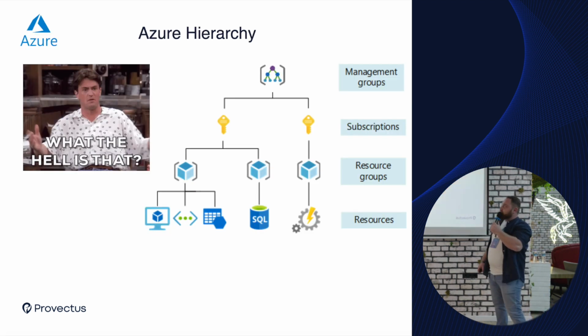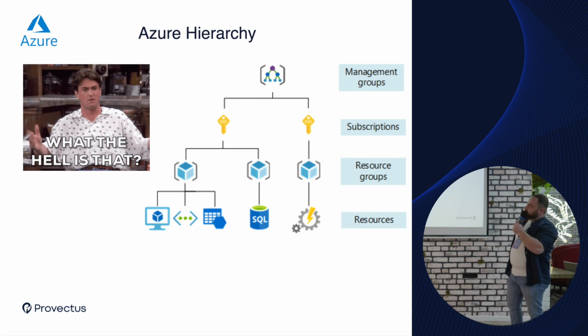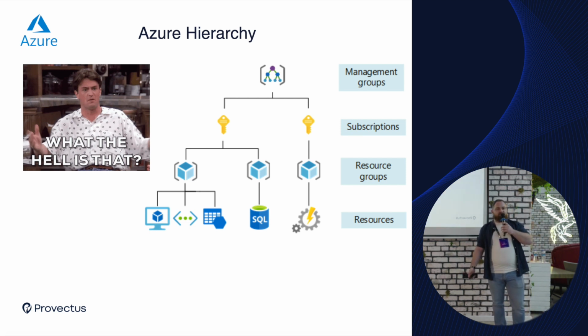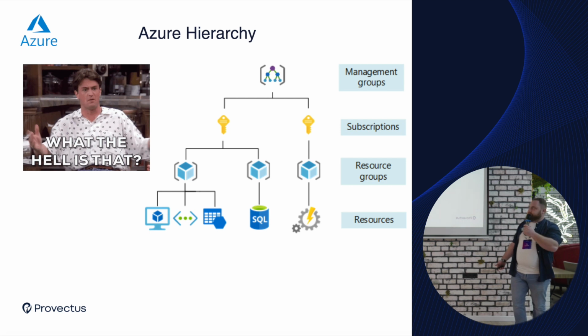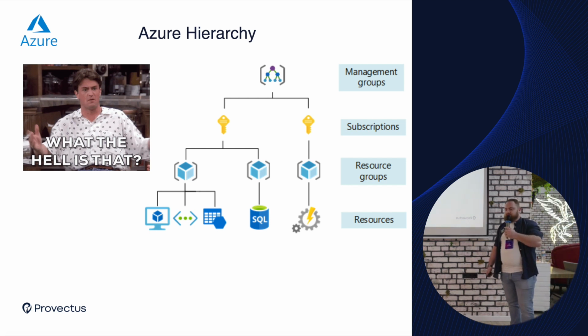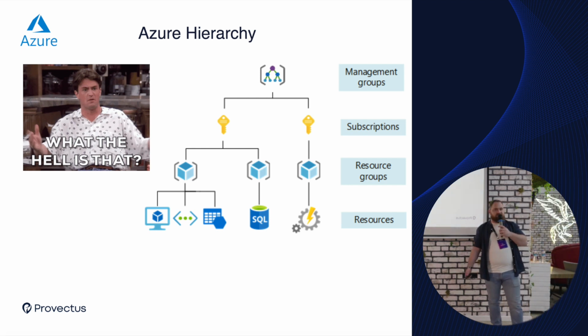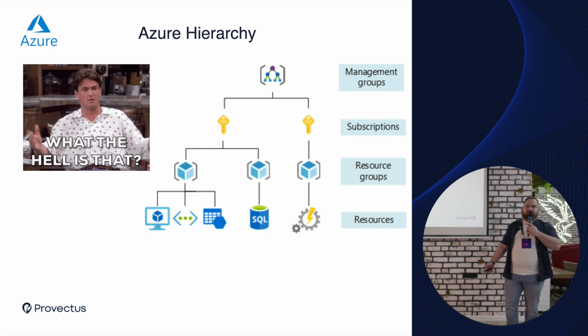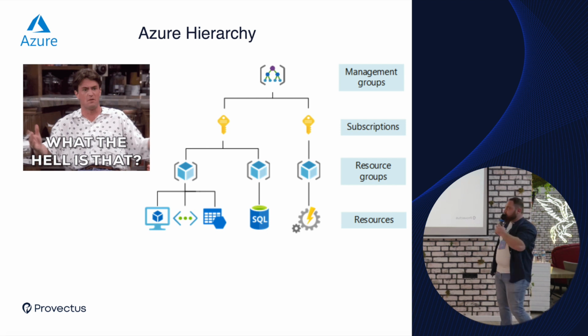And we can see here it contains 4 layers. First of all is the management groups. Management groups are for accesses, policies, and compliance for subscriptions. The second layer is the subscriptions. They are a logical container of the resources, which provide the way to manage the accesses and manage the cost of the resources.